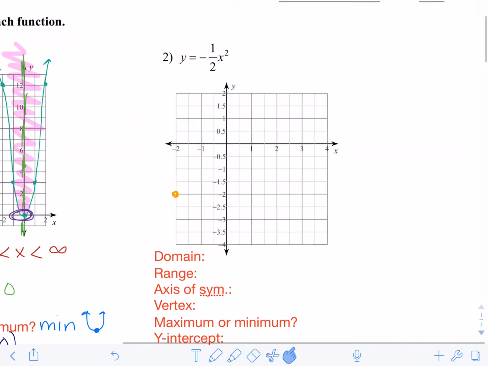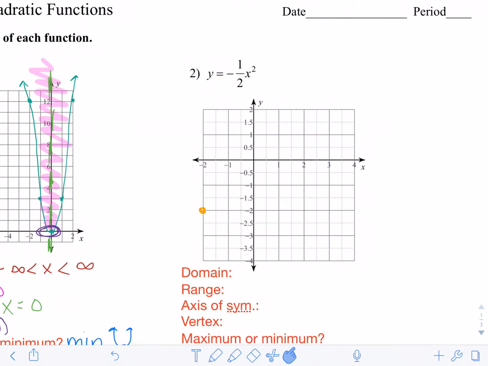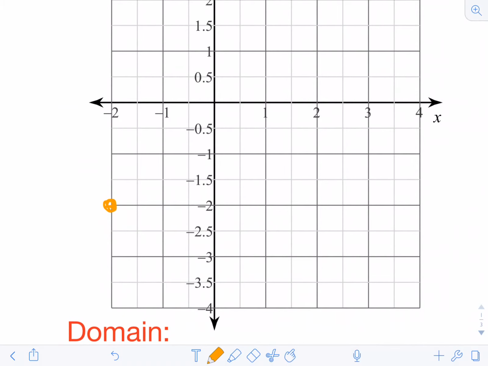I'm going to get a different color, orange, and zoom this in some. Next one that I have is negative 1 and negative a half. Then we have 0, 0. Then I have 1, negative a half. Then we have 2, negative 2. 3, negative 4.5, that's off the graph. So here's where I can connect my dots.